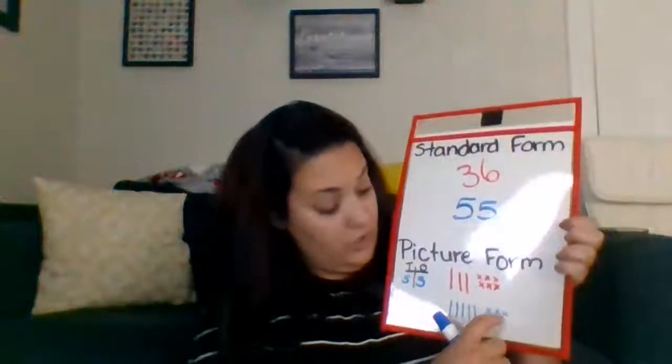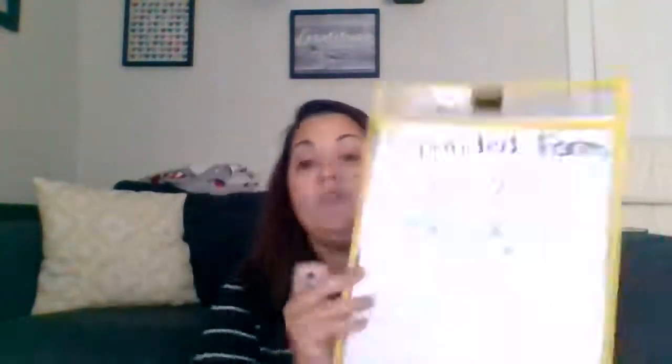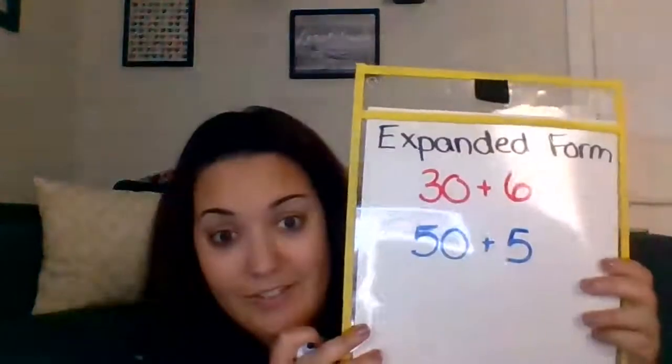Oh, I started with 50, so I'm going to write down 50 on my expanded form. Then I have a 5 when I stretched it. Let's see. 1, 2, 3, 4, 5. So I have 5 ones. That means that my expanded form of 55 is 50 plus 5. Don't forget, we can stretch it out with our imaginary rubber band.